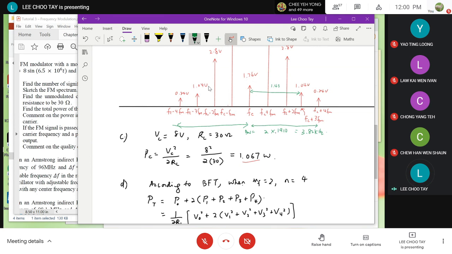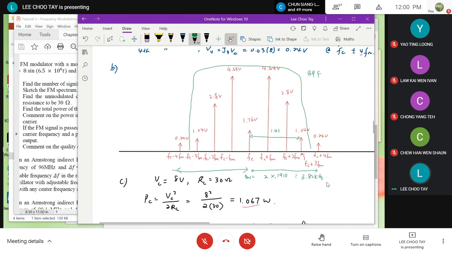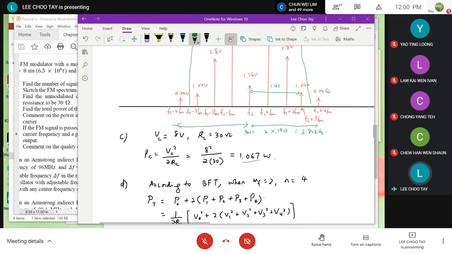So the bandpass filter actually passes only 3 sideband pairs, from here to here. This is the bandpass filter's passband. So you block the fourth one; the fourth components will not be passed through the filter.